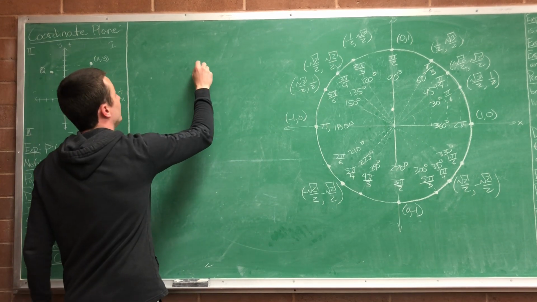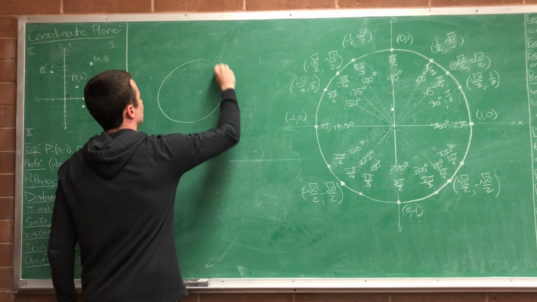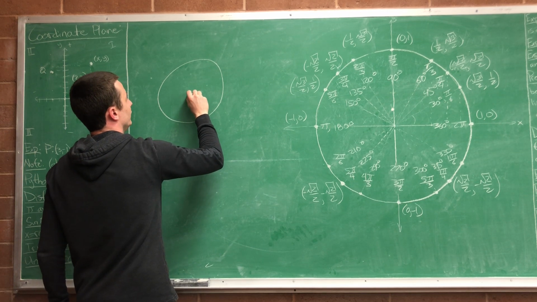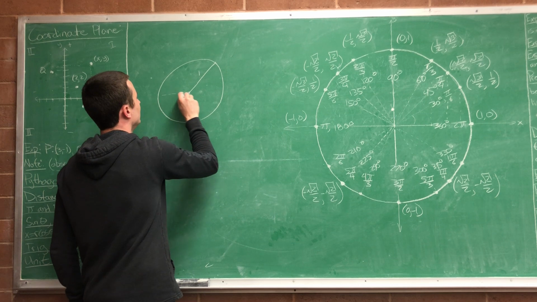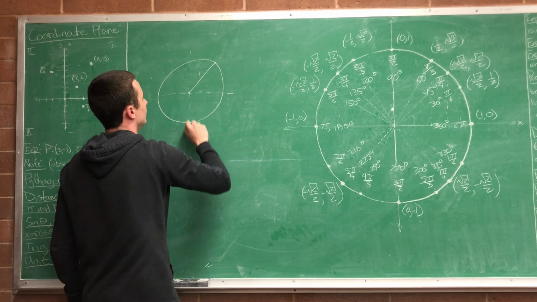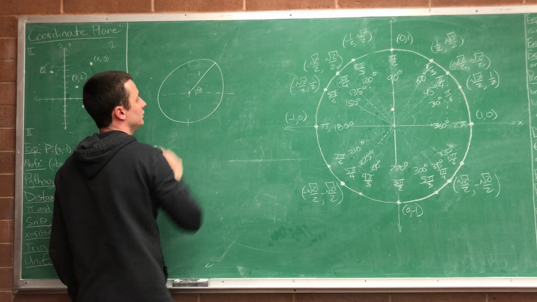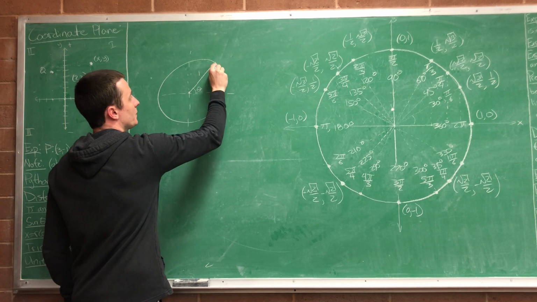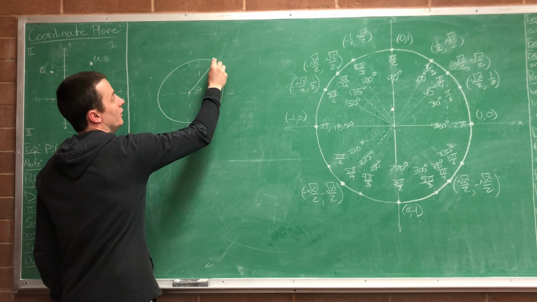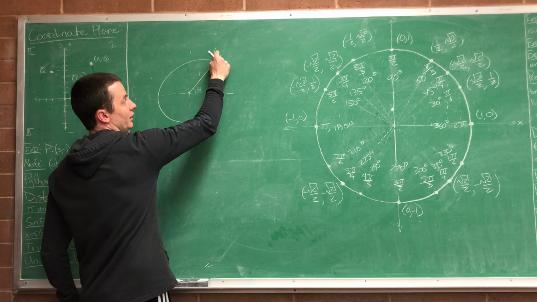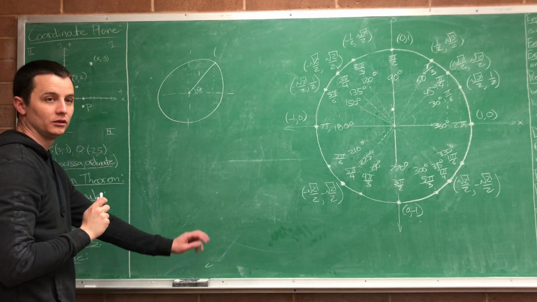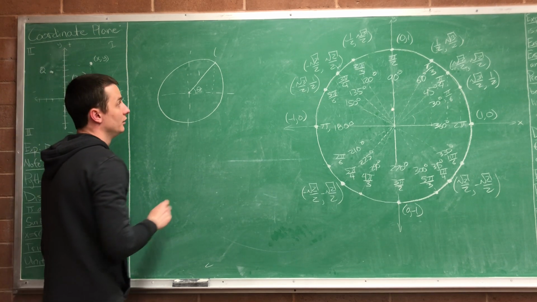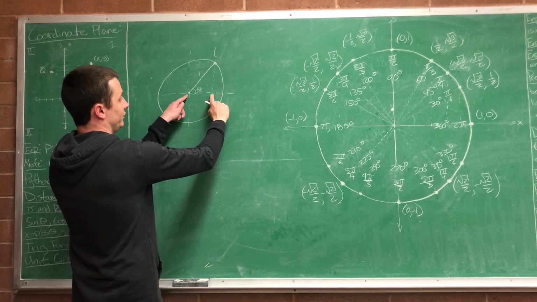Okay, so if we were on a unit circle, so this has side length 1, and this is angle theta, then the x-coordinate here is the x-coordinate of this point, or this distance if you prefer.